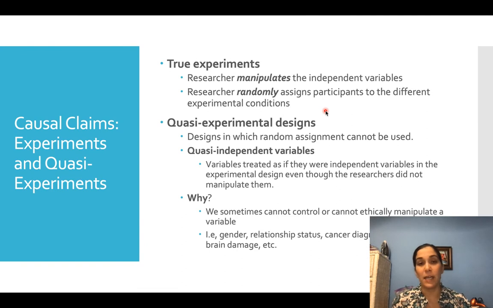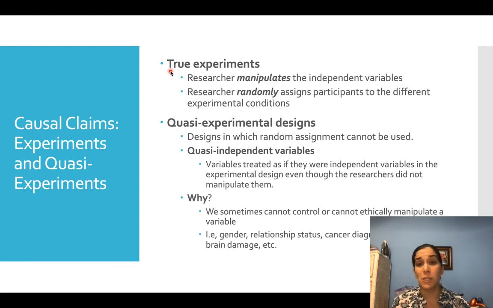So as I explained, in a true experiment, or just what we call an experiment, we don't call it a true experiment. We assume that when you say an experimental design, it is a true experiment. A researcher manipulates the independent variable and then randomly assigns participants to these different levels of the independent variable or these different conditions. And then we measure the dependent variable.